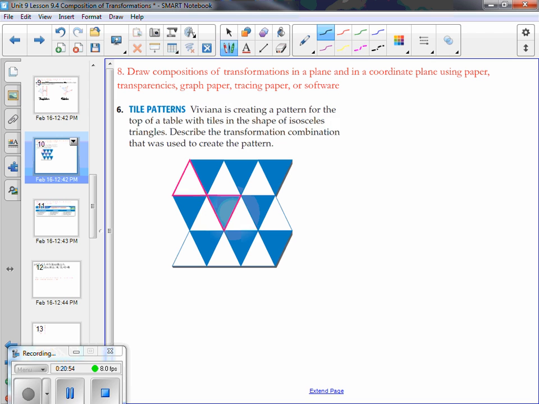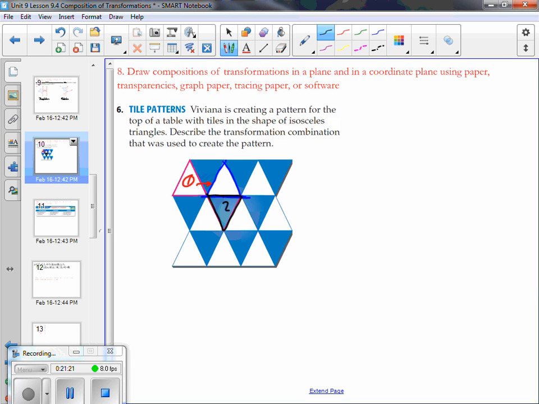So here's the way I see it. If I start with figure 1 right here, and I translate it right there, wouldn't I then get this? And then if I reflected that with that line of reflection, wouldn't I end up with figure 2? That's one way.